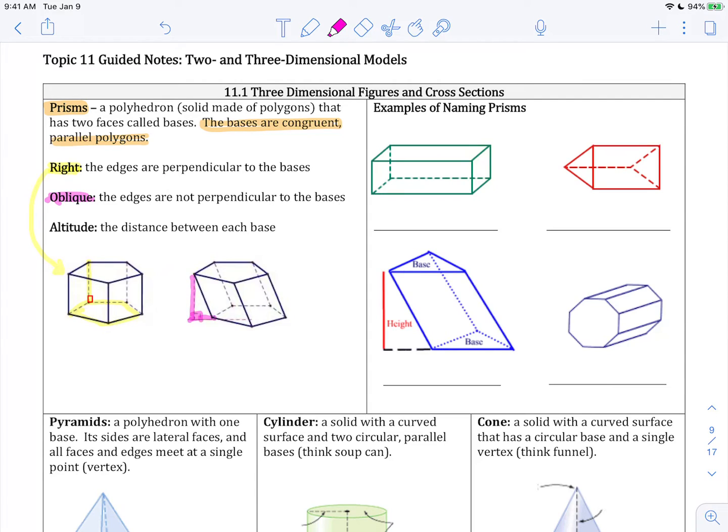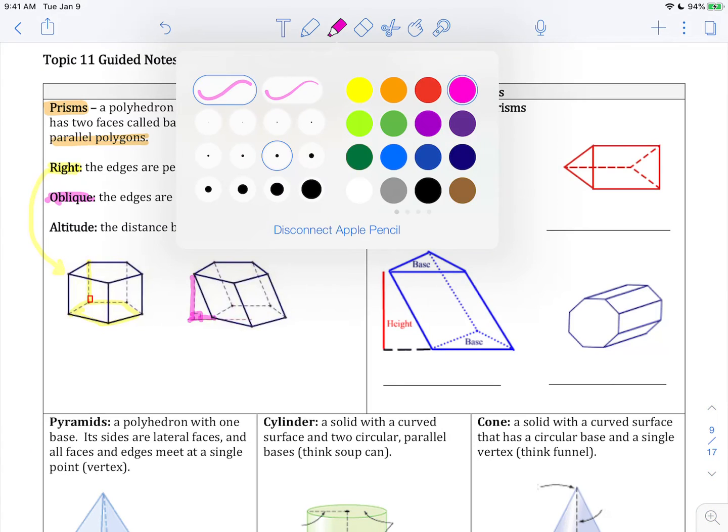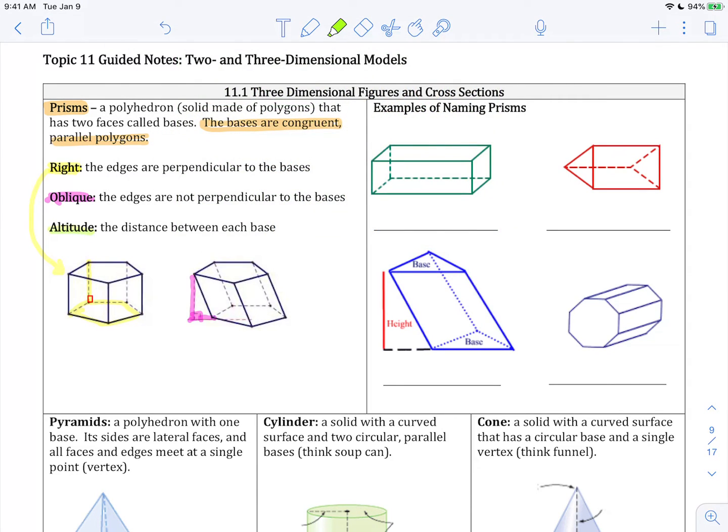So it's perpendicular outside here, right? And then the altitude is the distance between each base. I'm going to erase that just a second. The altitude is the distance between the bases. So these are the altitudes on those different figures there.